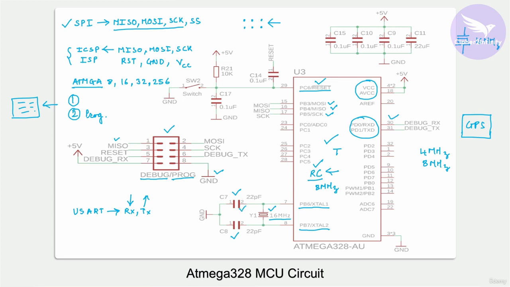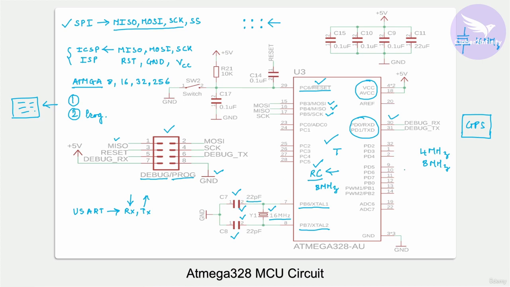So connecting these capacitors is very important, but it's not like if you don't connect these capacitors, then the controller will not work. They will work, okay? But from a long-term perspective or from a stability point of view, it's very important to connect these 22 picofarad capacitors. Now again, you will have a question from where this particular value came.